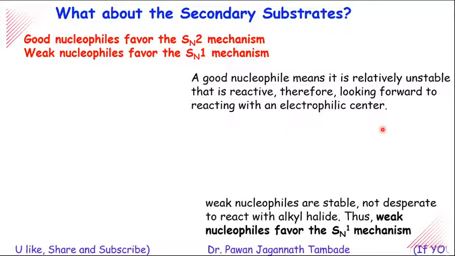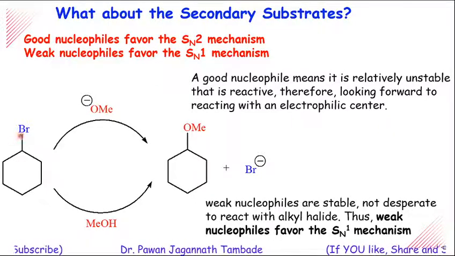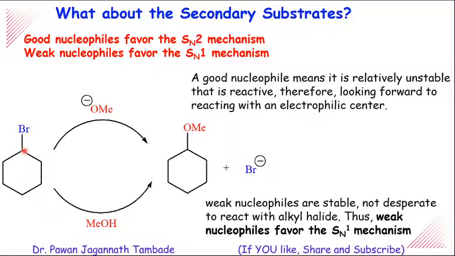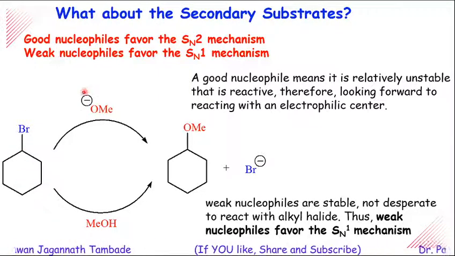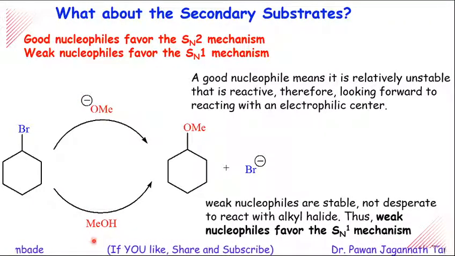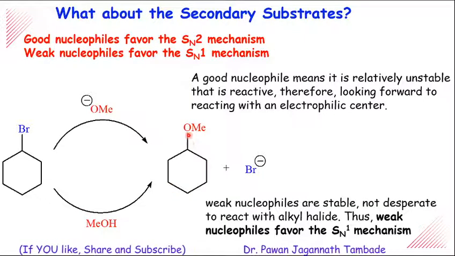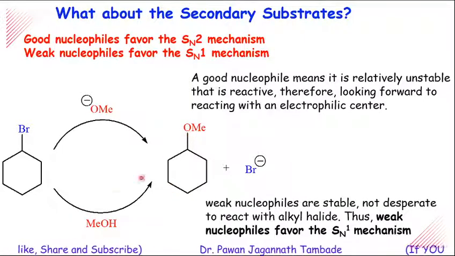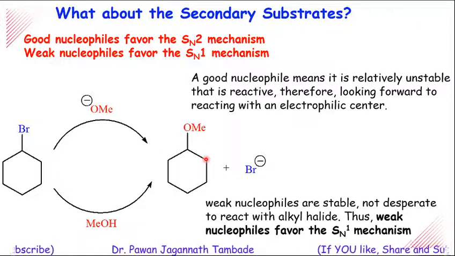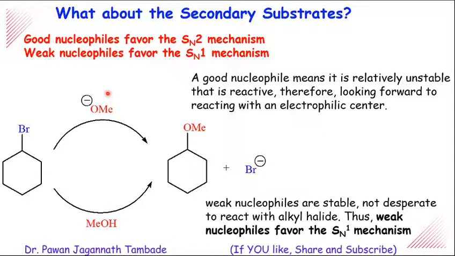In order to understand this, let us consider one example. Now, if you look at this substrate, this is secondary alkyl halide. When this secondary alkyl halide is allowed to react with this nucleophile, that is methoxide anion, or this nucleophile methanol, we will get the same compound as a product. But the path through which we will get this product is different, and it is determined by the nucleophile in these particular examples.